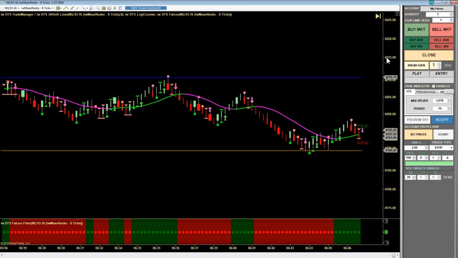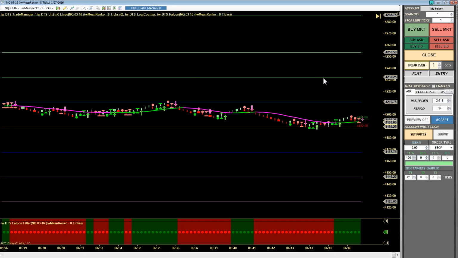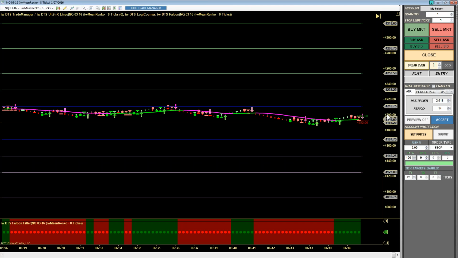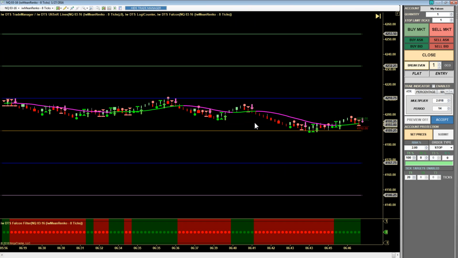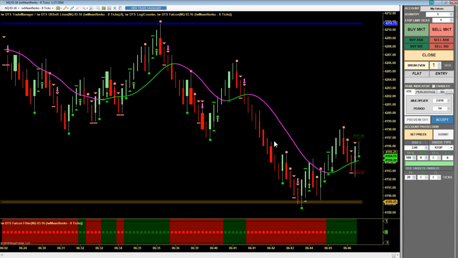Now these lines that you see on here, this is actually an add-on. I'll just tell you about them really quick. This is the Ultimate Support and Resistance Suite. It's an assortment of 21 support and resistance lines which are forecast for today's trading. They are not pivot points and they are not Fibonacci retracements. They are much better. And I'm sincere about that.